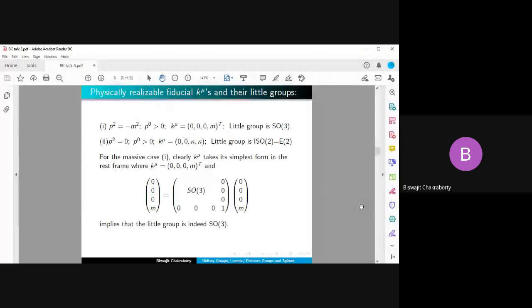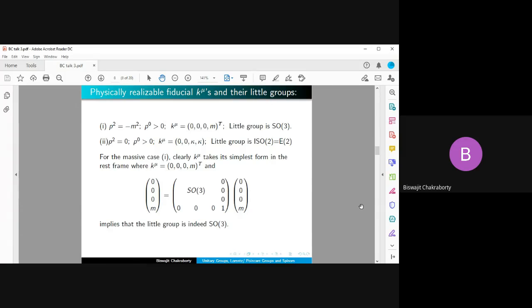Okay. So now let me consider two physically realizable situations. One case is a massive particle, where in this signature convention P square is equal to minus m square. And so for that, I choose the fiducial 4 vector. Since it's massive, I can go to the rest frame. And I can write down K mu as a column vector, 0, 0, 0, m.